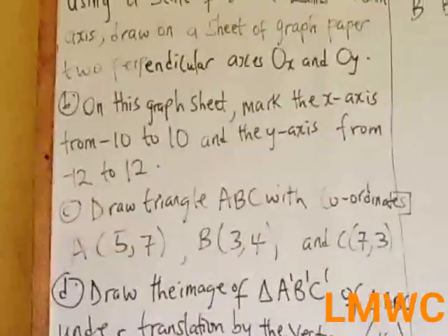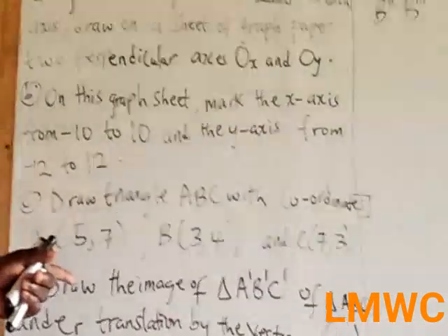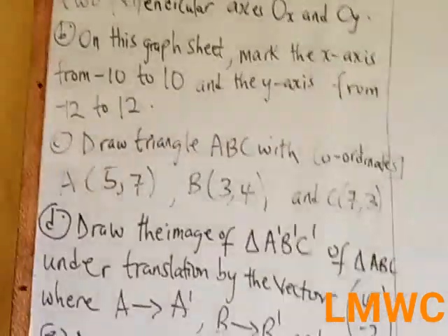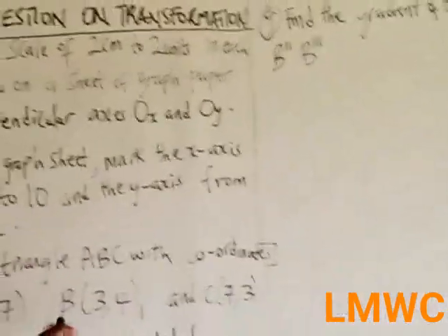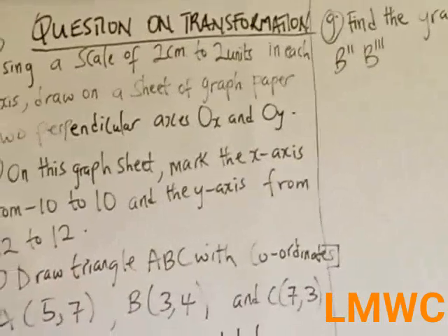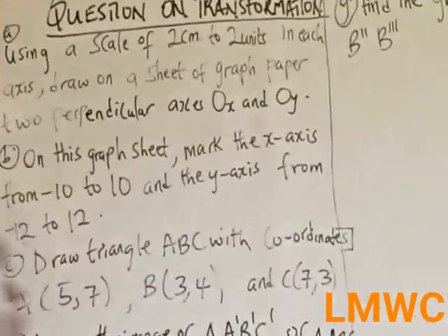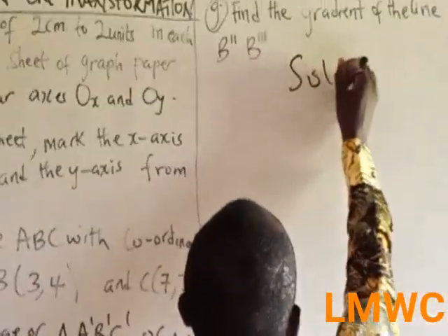As I said, whenever you are given a transformation question, you should first do your workings before drawing the graph because that will make it simple. Even though you can start plotting A (5, 7), B (3, 4), and C (7, 3), start working from this part. We have D, so solution.